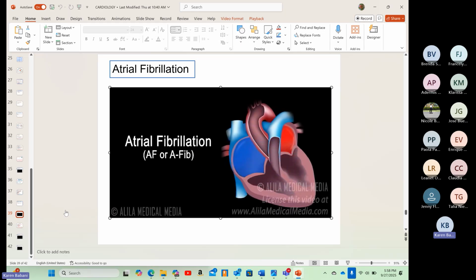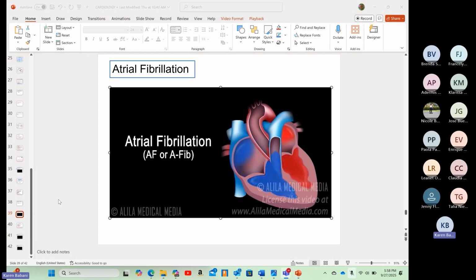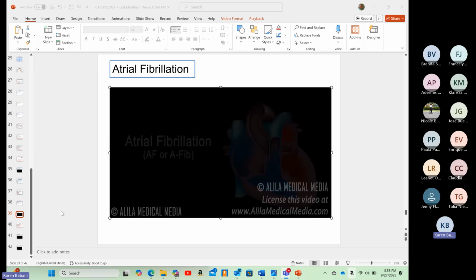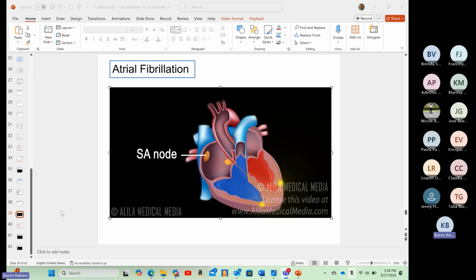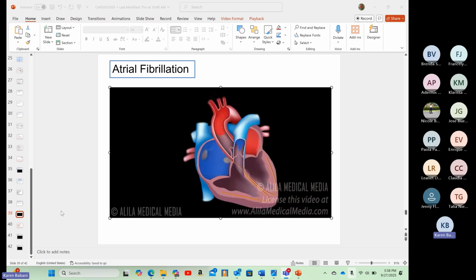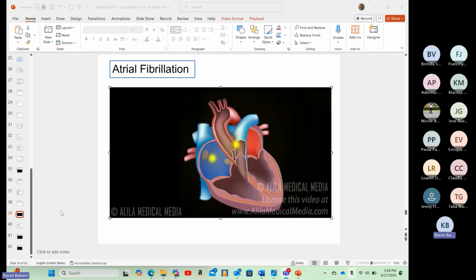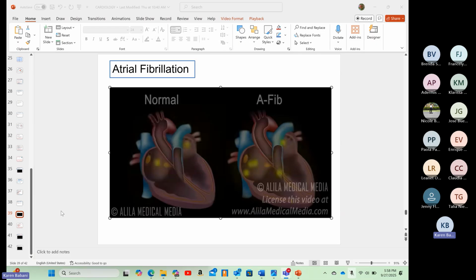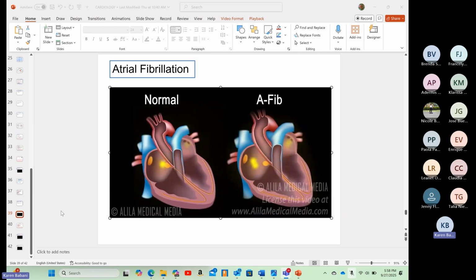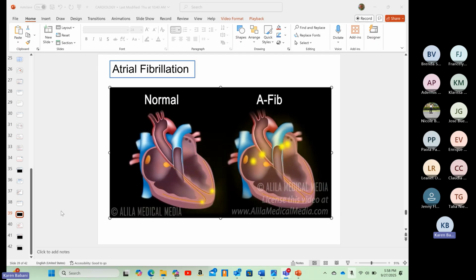Atrial fibrillation is the most common type of cardiac arrhythmia. In a healthy heart, the sinoatrial node, or SA node, initiates all electrical impulses in the atria. In atrial fibrillation, electrical impulses are initiated randomly from many other sites called ectopic sites in and around the atria, commonly near the roots of the pulmonary veins.